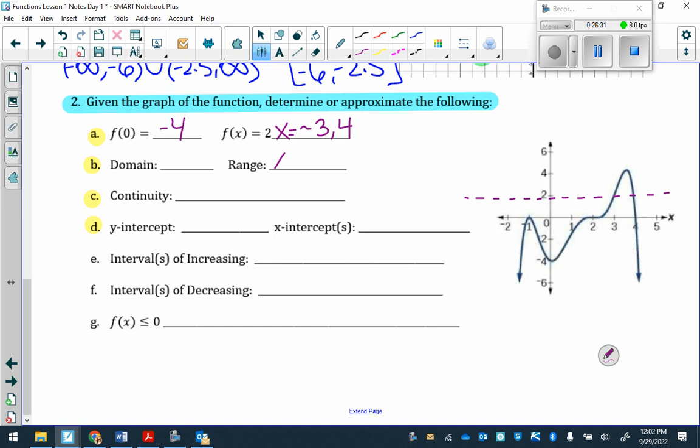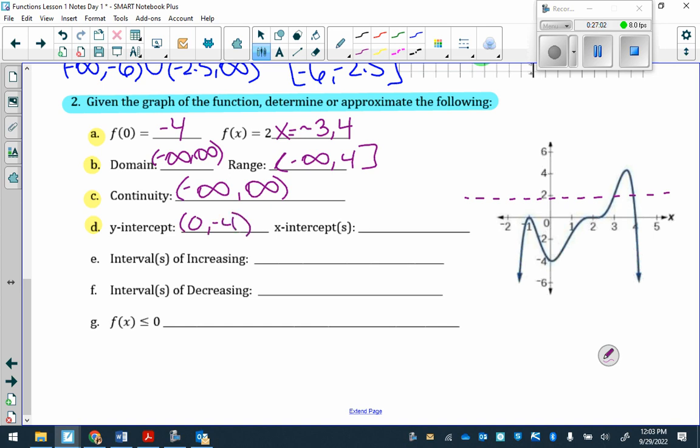Luke? Good. What is the range? Jason? Good. Okay. Intervals of continuity. Same or different? Same. Good. Okay. Y-intercept? 0, -4.